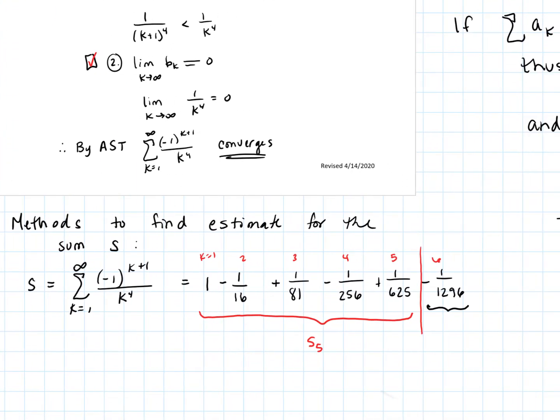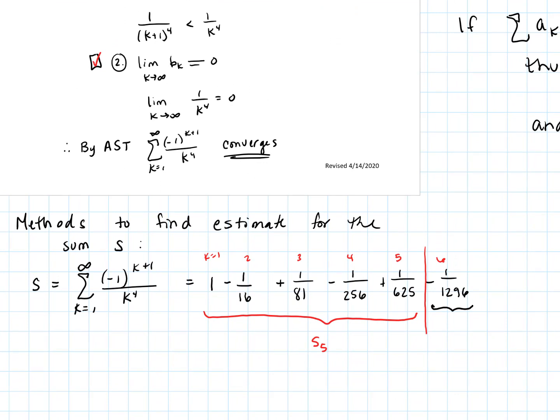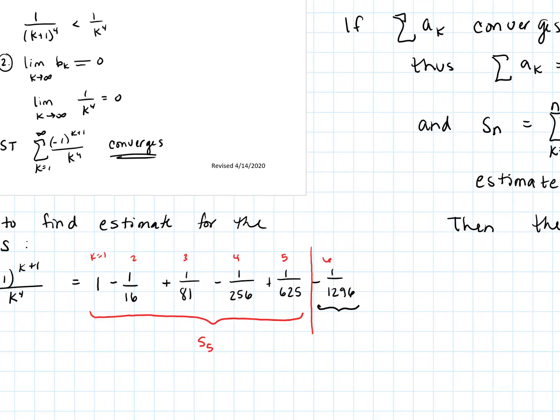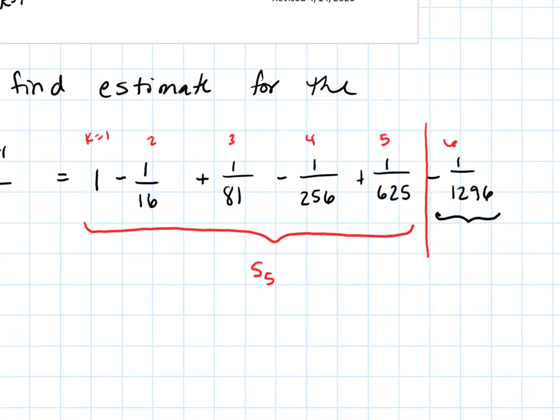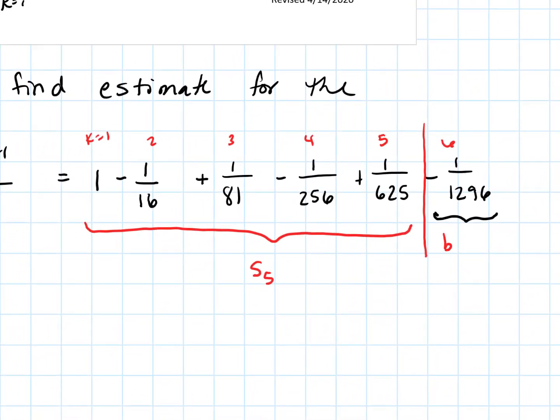And so it turns out in this particular case we've ended up with a term where the 6th term, b sub 6, the absolute value of that, remember, I'm dropping the sign, is less than 0.001 or 1 over 1,000. 1 over 1,296 is obviously less than 1 over 1,000.